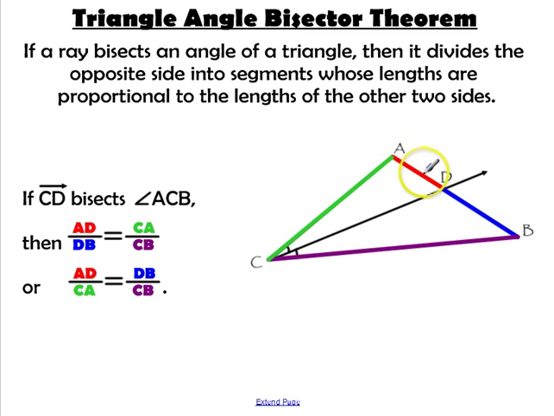The first one, AD, the top part that gets cut off, over DB, the other part that gets cut off, equal to the side that matches with AD over the side that matches with DB. The other way we can do this is if you put AD over AC equal to DB over BC. Use whichever one you feel like you'll remember better.